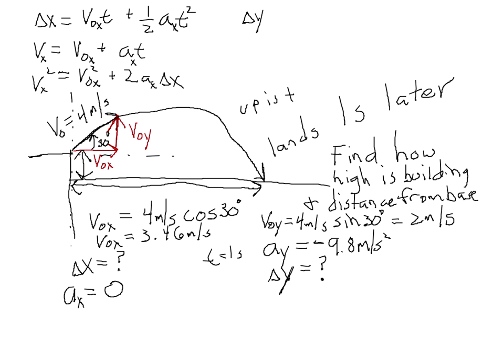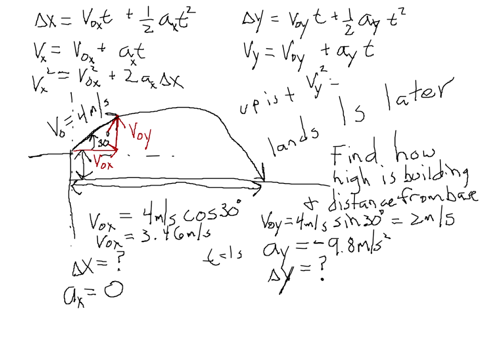Delta y equals v0y t plus 1/2 ay t squared. vy equals v0y plus ay t, and vy squared equals v0y squared plus 2a delta y.